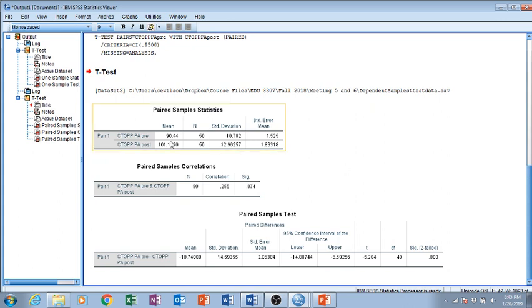Okay, here we go. We have our pre-test mean, which is 90.44, and our post-test mean, which is 101. We had 50 participants, and our standard deviation was a little less on the pre-test, a little bit greater on the post-test. All right, so again, our null hypothesis says our pre-test mean is the same as our post-test mean.